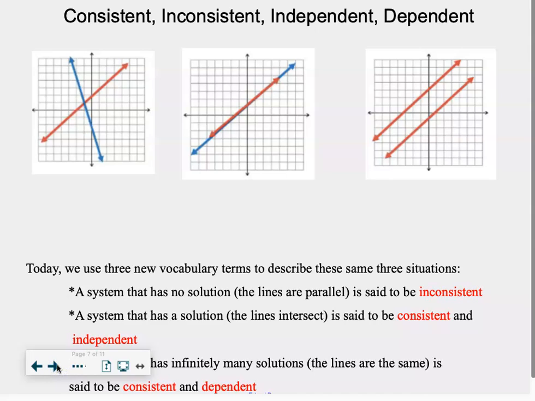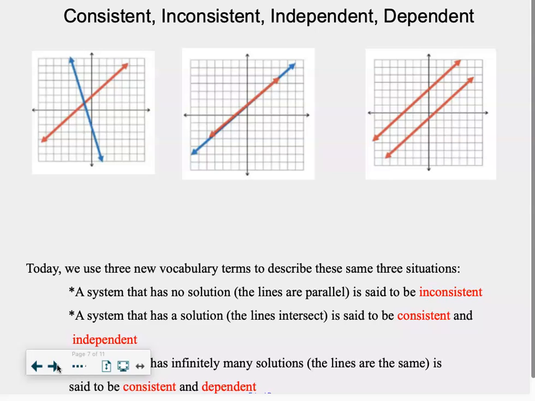All right. There's some terminology you need to know. You don't have to write down all of this, but you should write these 3 pictures. And I'm going to label these pictures with some vocab. When you have 2 lines and they intersect at a single point, which is what you see most often, every one that we've done so far was like this. If you get an answer and it's an ordered pair, this is what your equations looked like: 2 lines that crossed.